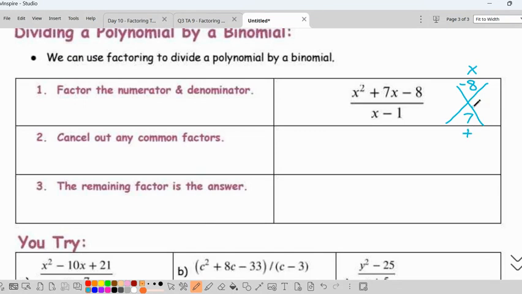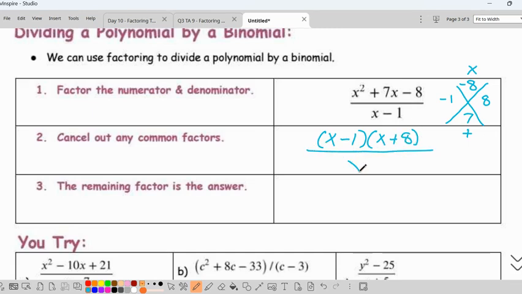I'm looking for two numbers that multiply to negative 8, but would add to a positive 7. 1 times 8. I need the 1 to be negative. We learned in our last portion on factoring that we can rewrite these side pieces as our terms, x minus 1 and x plus 8. Those are our factors.